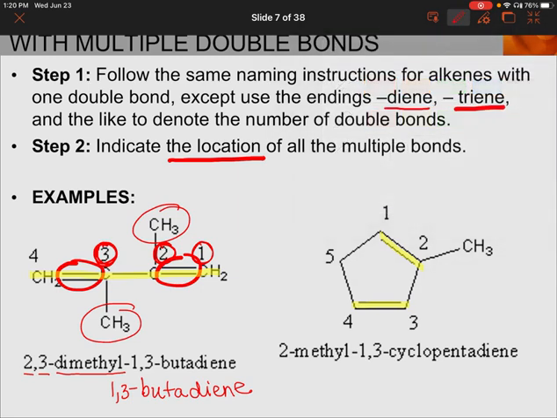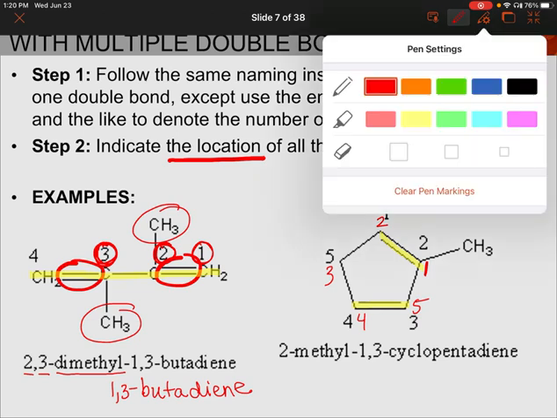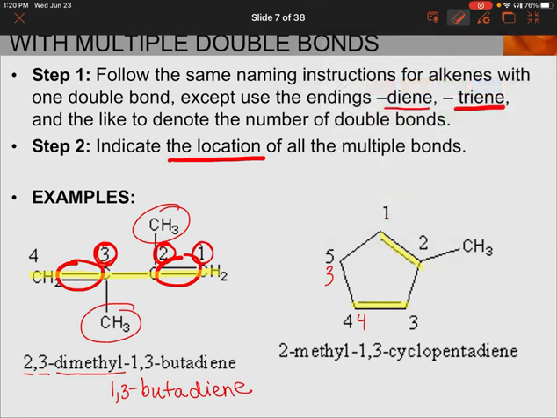So for example, here we already have them numbered, but you wouldn't want to start here, for instance, and go around the ring, because then the first double bond would be between carbons 1 and 2, but the second double bond would be between carbons 4 and 5. And as you can see, the way they're actually numbered, it gives the second double bond a lower number. So we just want to make sure we're giving those the lowest numbers possible.